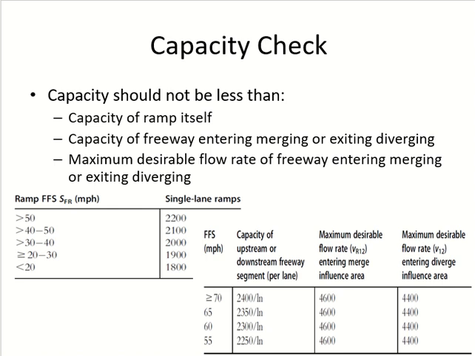Okay, analysis finished. Next one is capacity of the freeway. Again, now you have the flow of the freeway, right? Compare the flow of the freeway with the capacity of the freeway. Now there's a problem. What's the problem? It is per lane, right?